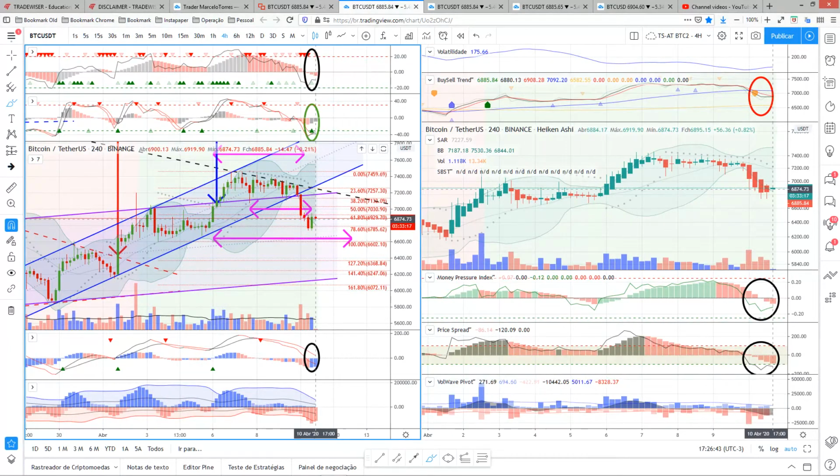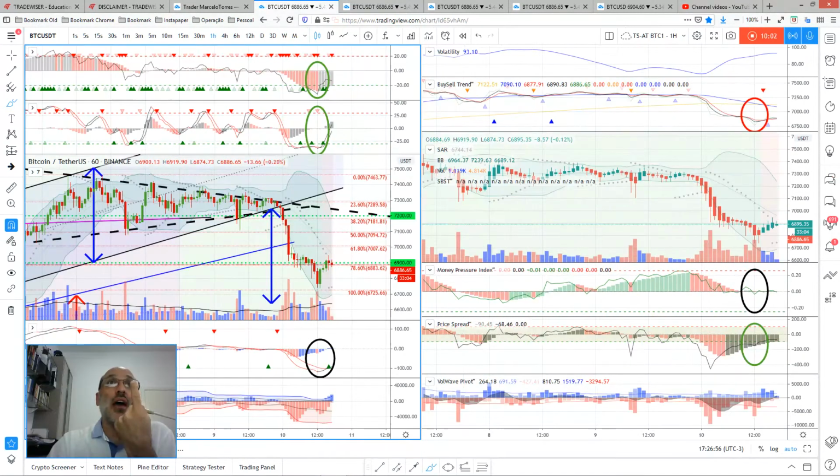And then after 5 p.m. Brazil time, -3 UTC, it started a new 4 hour bar. Okay, and now we have the first 1 hour bar that is building that 4 hour bar.